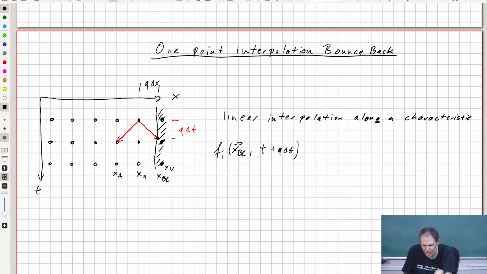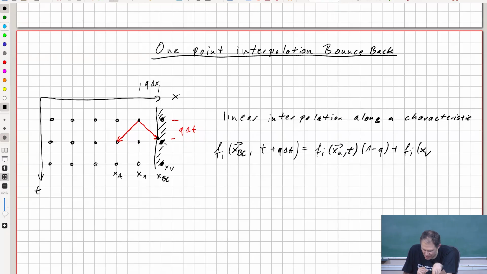So this is the position at which we want to evaluate this, and this can be taken from the linear interpolation along the characteristic. So we take xn and t, doing the linear interpolation. The distance is q, so we have 1 minus q plus Fi xv.